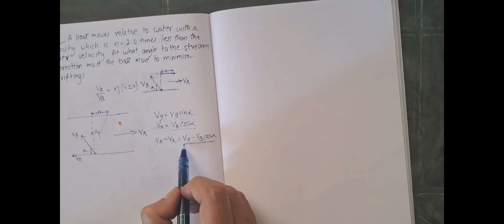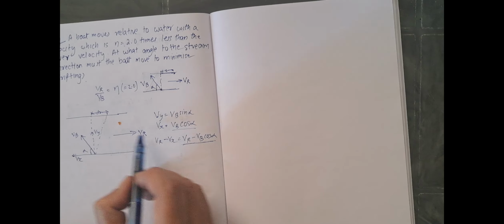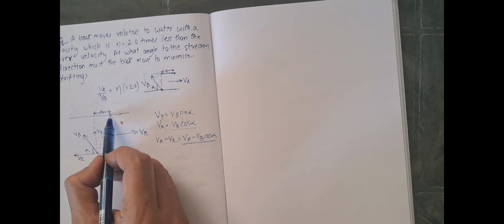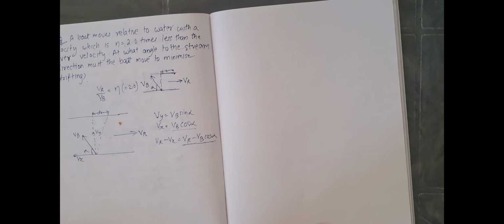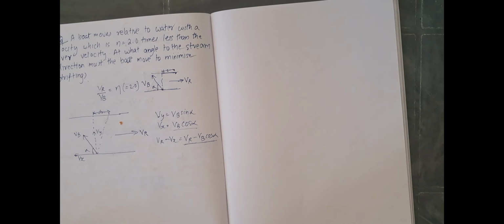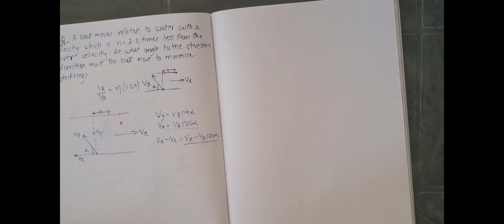So if the horizontal component of the velocity is minimum, this distance traveled will also be minimum. Suppose there is any particle which travels with a very less velocity, it's obvious that the distance traveled also will be quite less. If it travels with a very high velocity, obviously the distance traveled also will be higher.